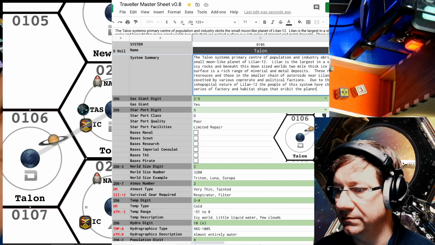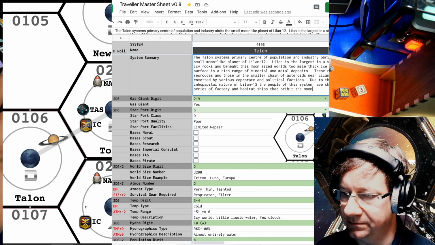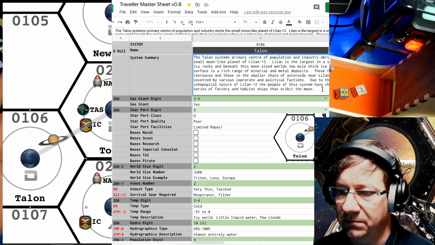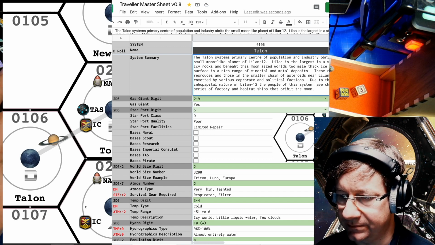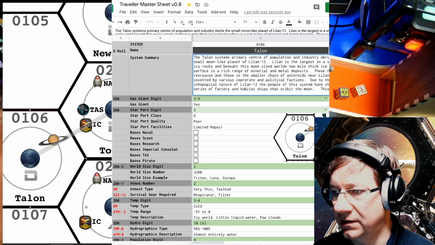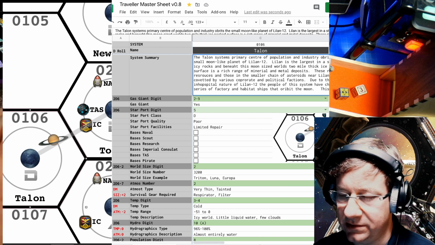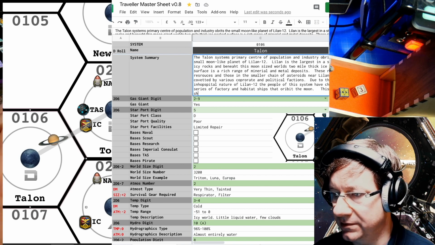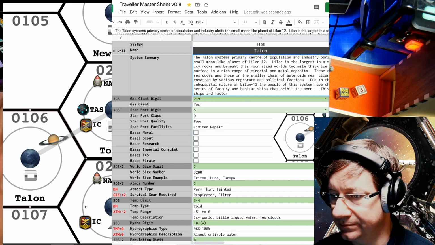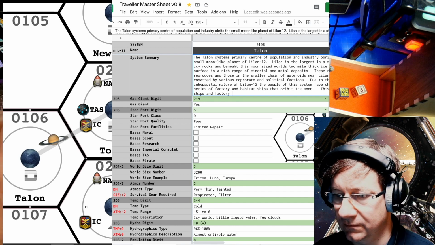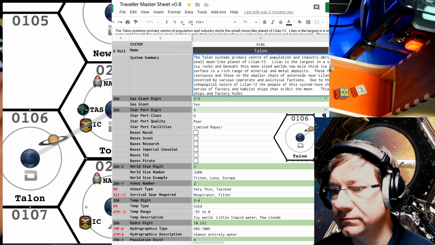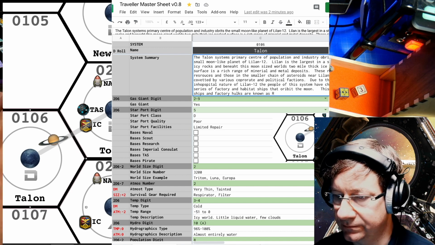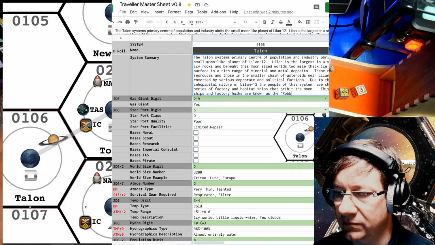I keep wanting to call it a moon. I'm going to call it a moon because it is moon sized. So that orbit the moon. This chain of ships and factory hulks are known as, and I think I'll call it, the ribbon.